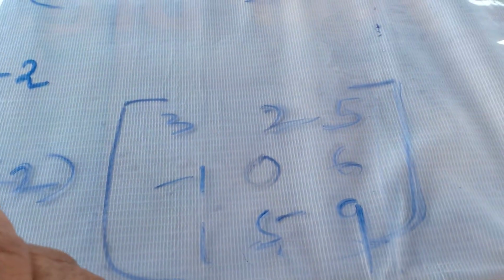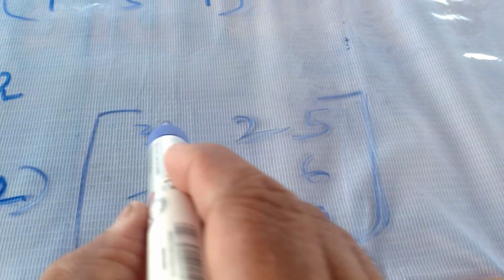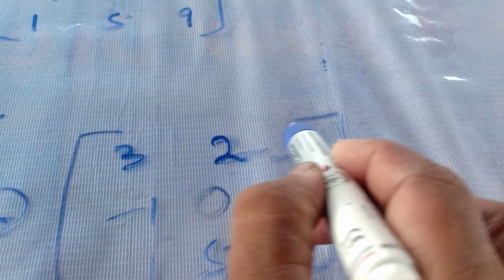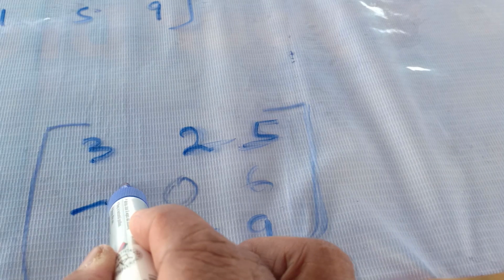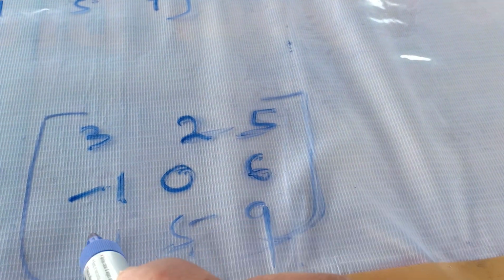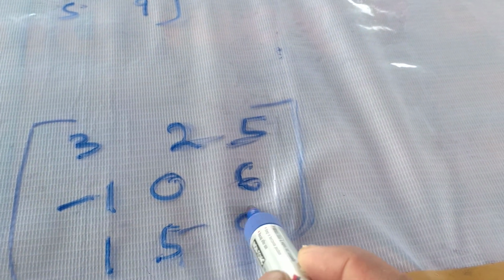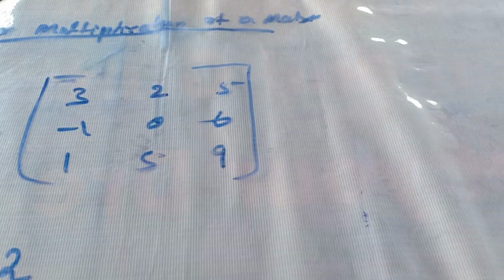I am repeating the elements. Minus 2 is the scalar m we are multiplying with the matrix 3, 2, 5; minus 1, 0, 6; 1, 5, 9. So what will the answer be?